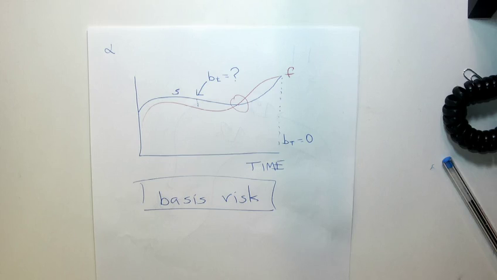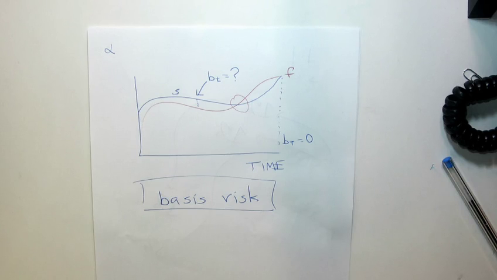Having said that, the reason why we talk about it is because in the real world and also in academic research, people have shown that the naive hedge works pretty much just as well as more complicated hedge ratios. I'm going to show you a more advanced method in a second.